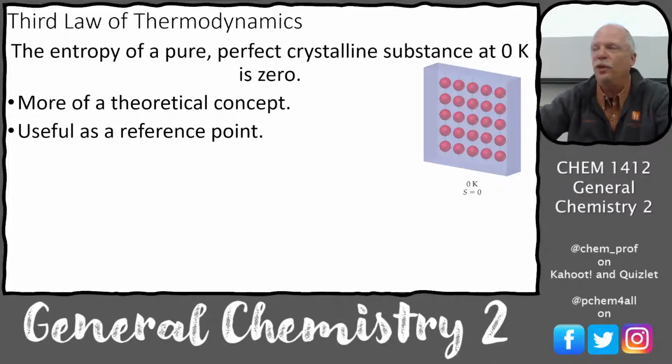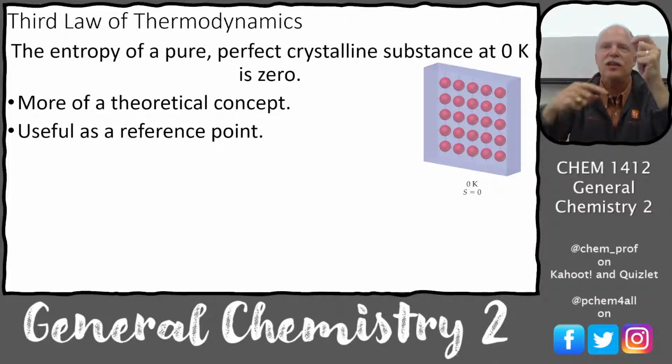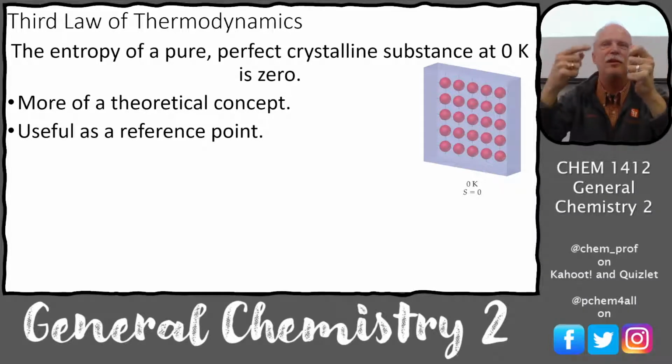This allows us to put things in tables now because we have a reference point. It's like if you were given a thermometer and you could see the mercury in there or the alcohol, the little red liquid, but you didn't have any markings on it. You need a reference point, right? You need to be able to put the markings on it. And so this is the marking for entropy.